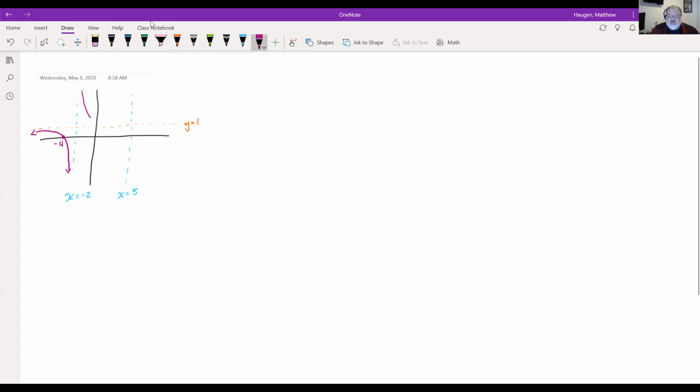It has another x-intercept at, let's say, 3, and no x-intercept on this side. So let's say we have a rational function that looks like that.